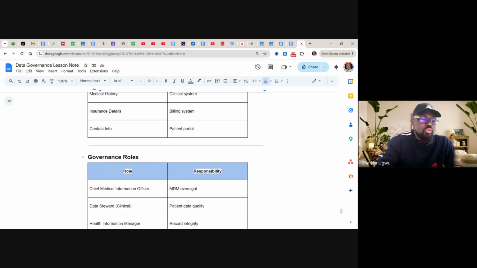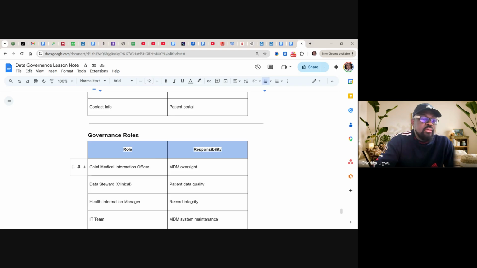Governance rule: who is in charge? Who owns this data? We have the Chief Medical Information Officer. The responsibility is master data management oversight. And then we'll have the clinical data steward. His responsibility is patient data quality. Make sure there's quality.